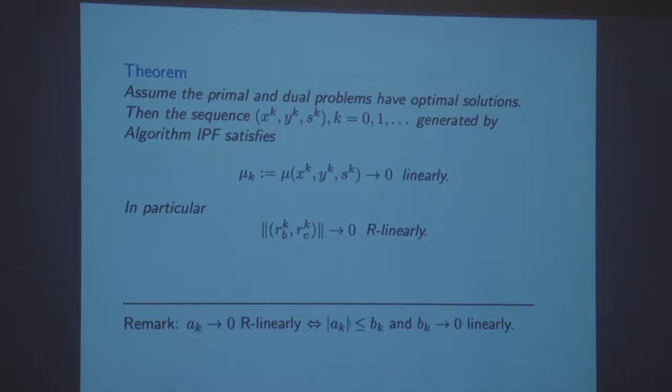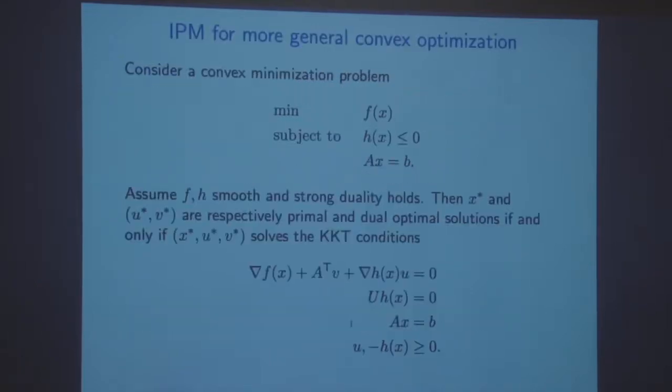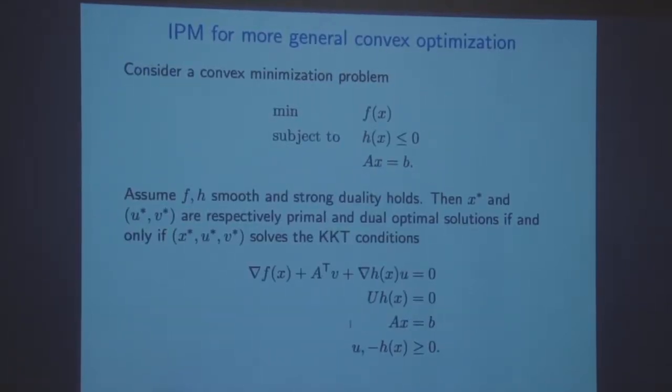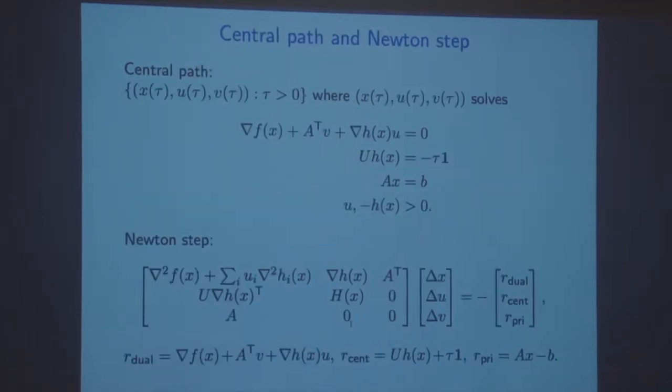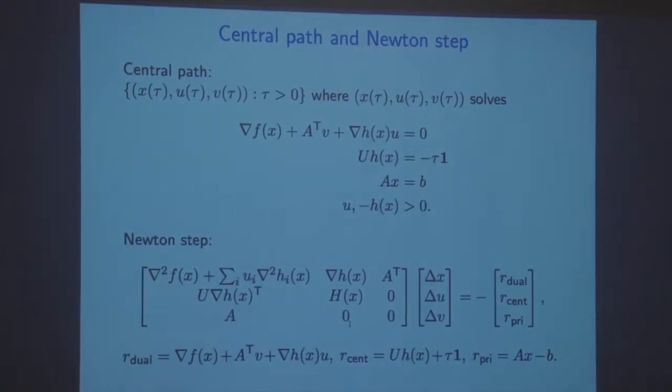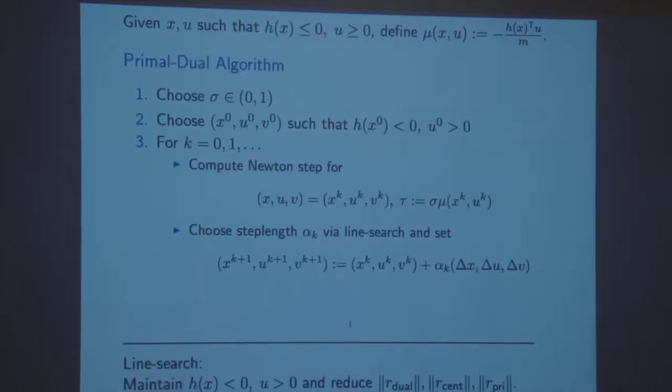Now, you could take this even a little bit farther. You can look at any kind of convex optimization problem. Then you look at the KKT conditions. The KKT conditions are here. Then you look at the central path. The central path is there. The Newton step would be the solution to this. And the algorithm that I just described for you also extends now to more general convex optimization.